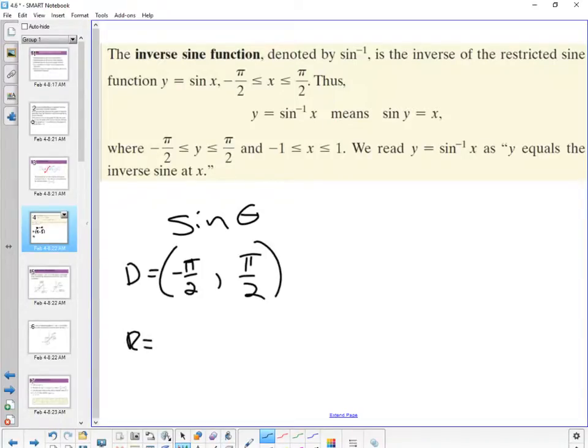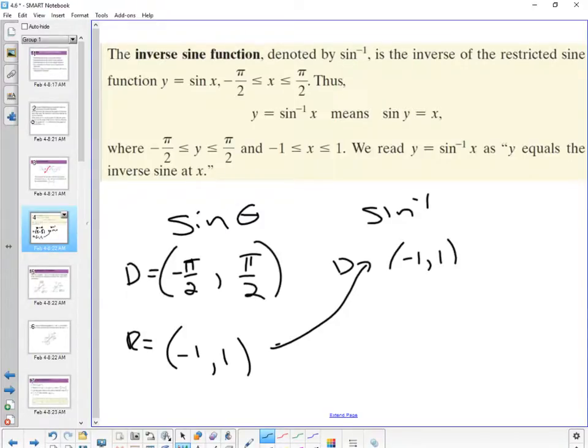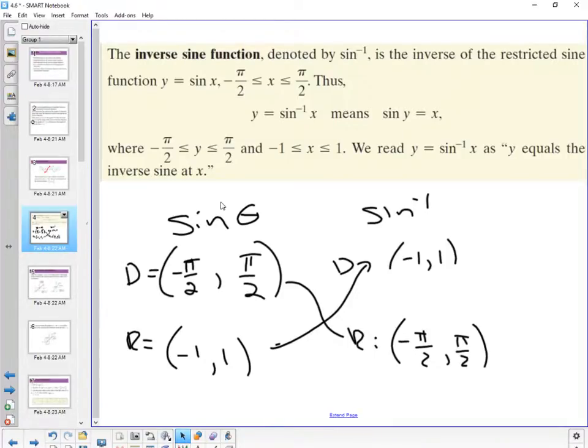My range, what's the range on sine? Negative 1 to 1, right? So when I look at sine inverse, they're going to swap. Domain will become negative 1 to 1, and then range would become negative pi halves to pi halves. Nothing has changed. It's the same whole inverse function thing that we should do.